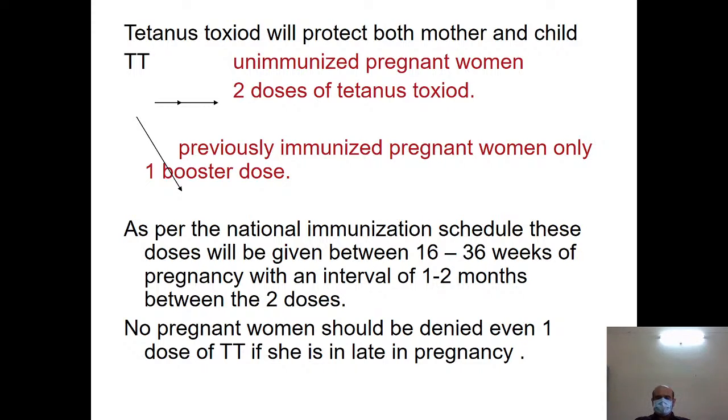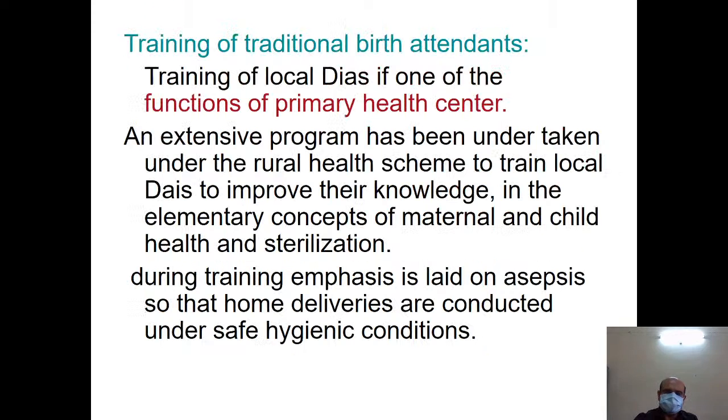As part of the national immunization schedule, these doses are to be given between 16 to 36 weeks of pregnancy, with an interval of 1 to 2 months between the two doses. No pregnant woman should be denied even one dose of TT if she is in late pregnancy.